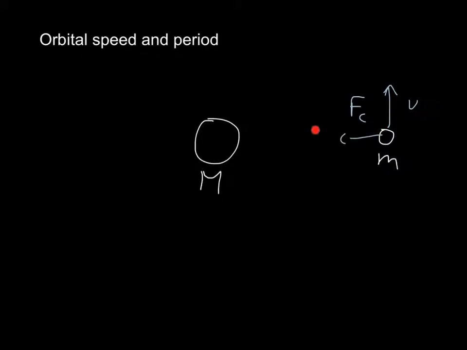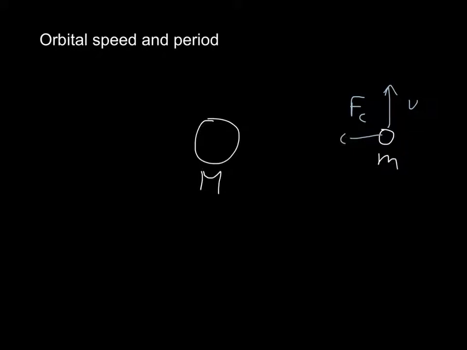Remember, centripetal means that it points towards the center. We can calculate the velocity of this particle if we know the force and the distance. Then we will use this to calculate the period of the orbit. That's how we can predict how long it takes a planet to orbit the Sun, or the Moon to orbit our Earth.